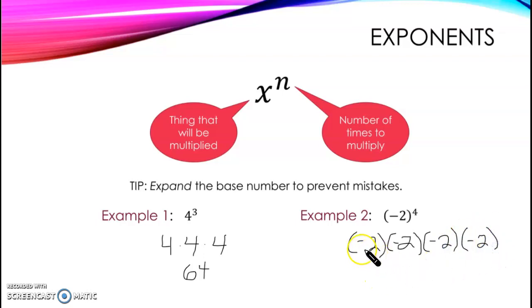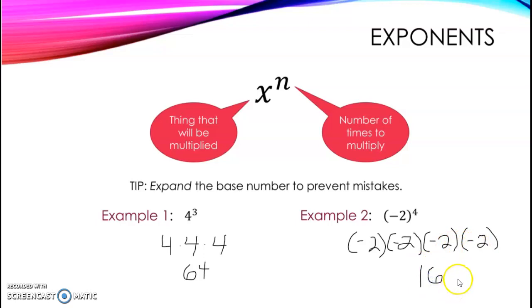We have 2 negatives here, which is going to make a positive, and then we have another 2 negatives that are going to make a positive. So we essentially have 2 positive things that'll end up being positive overall. So we can kind of think of it as like 2 times 2 is 4, times 2 again is 8, times 2 again is 16. This is going to end up being positive 16.